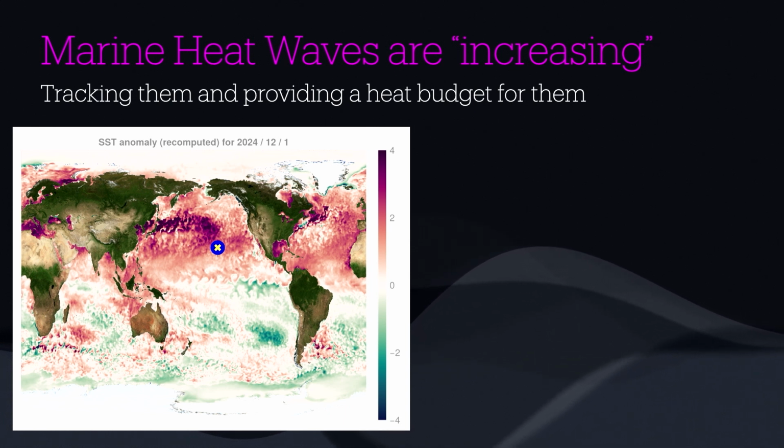But it starts from this kind of map of SST. This is the anomaly in sea surface temperature from satellite. And you see these big red blobs. That's what we're talking about. So the goal is to isolate those things, track them through time, understand why they occur, and how they might evolve in the future based on our mechanistic understanding.